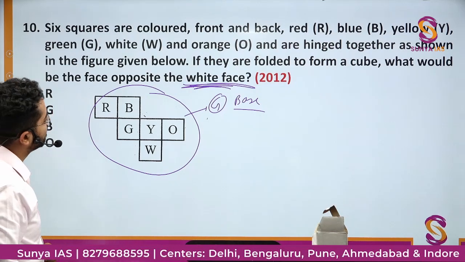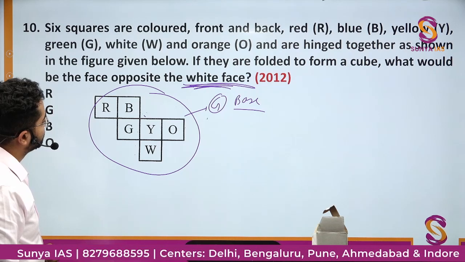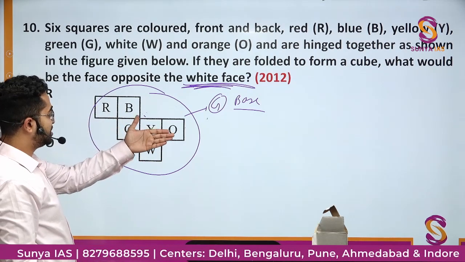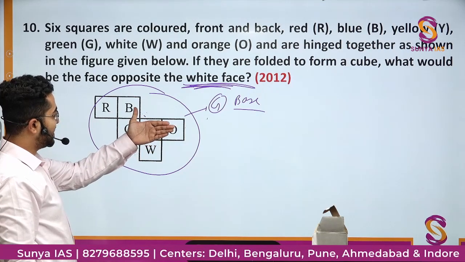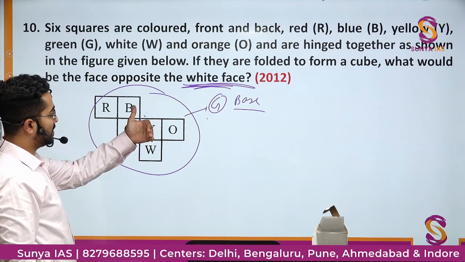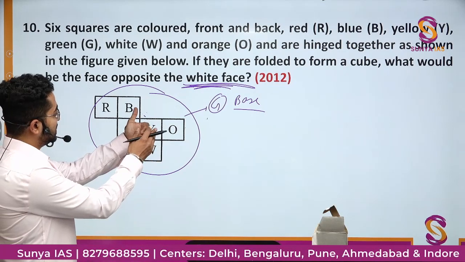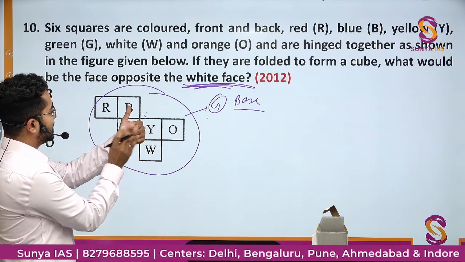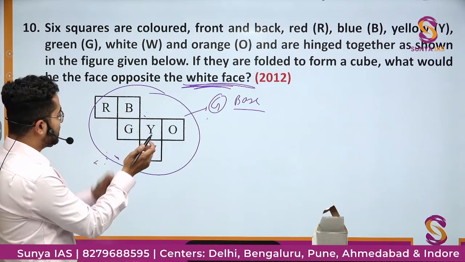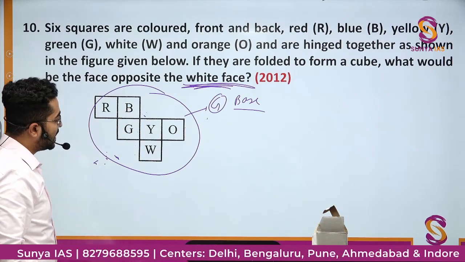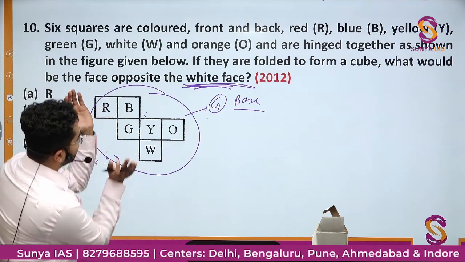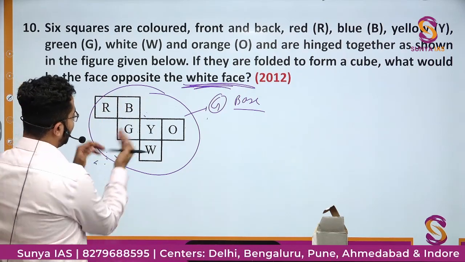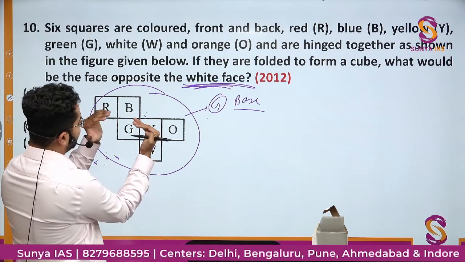Did you not understand? If this is G, Y, I folded it like this. If this is G, the base, and Y, O I folded like this, then O would be here, then O and G are opposite. Now B and W I folded like this, so B and W will come at opposite sides, and Y would be from this side, R would be from this side.